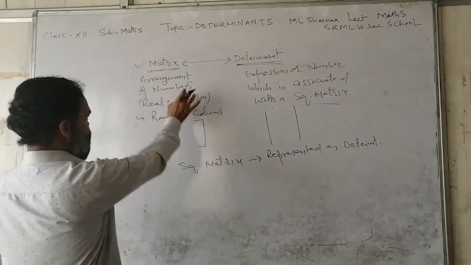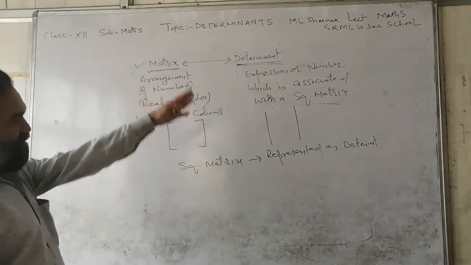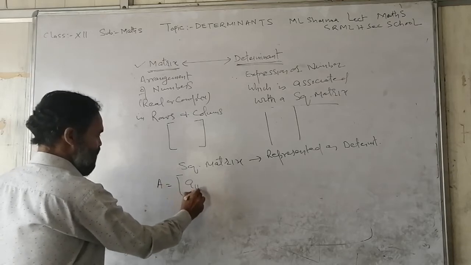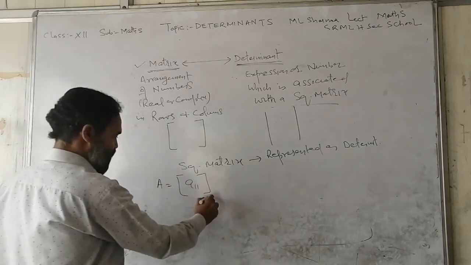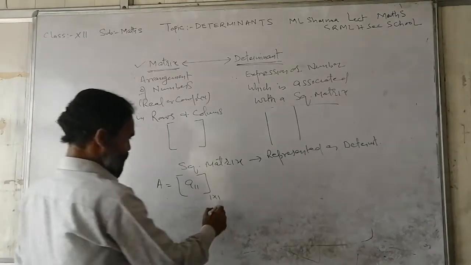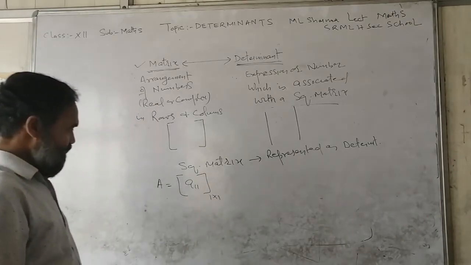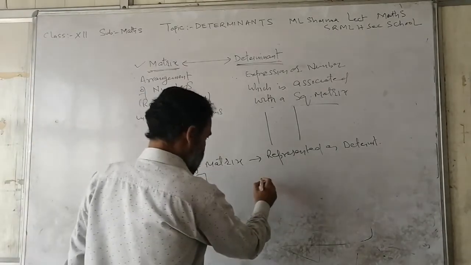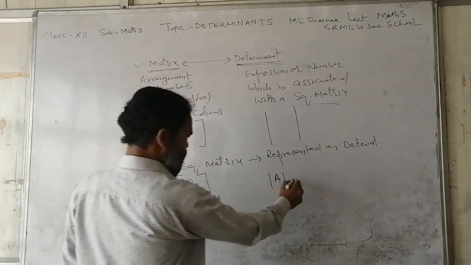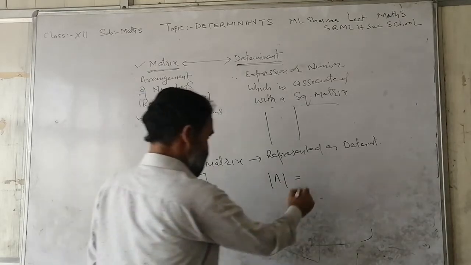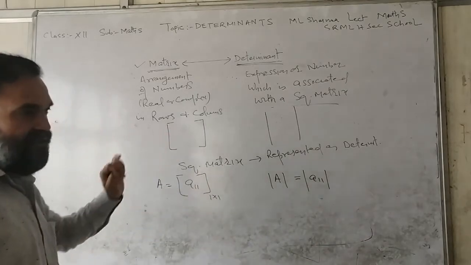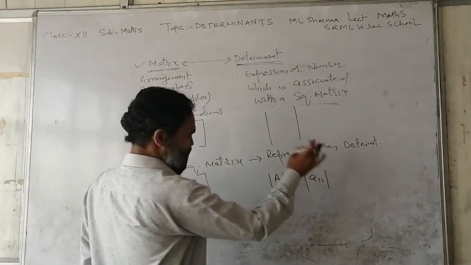So after this main difference between matrix and determinant, if I write matrix A as A11, this is having only one element, so this is regarded as the matrix of order 1. If I have to write the determinant of this matrix A, I can write this as determinant A, and this will be equal to A11, since the matrix is having only one element and this is also having one element.